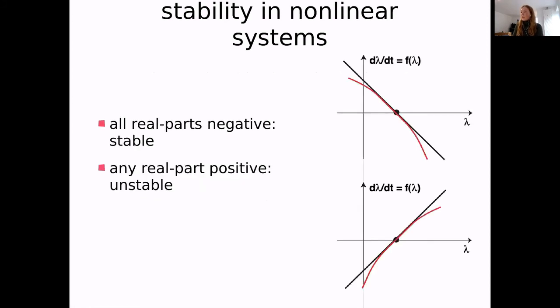Okay, so here's an idea, but we can only plot this for one dimension, so think about this being in multiple dimensions, just imagine. So all real parts are negative, then maybe we have this kind of function and we can nicely linearize it. And then we have the positive case where we can linearize it and we get positive eigenvalues, so it's unstable.